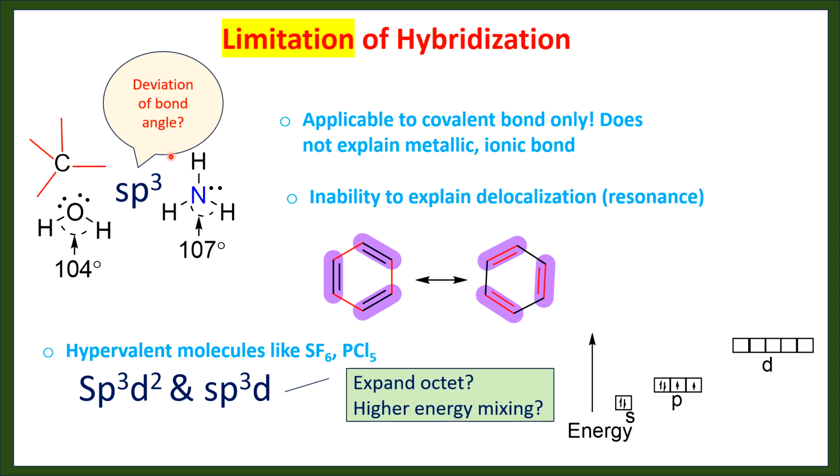But why this deviation of bond angle? Even though all are sp3, they do not have the same bond angle, but it should be the same according to the hybridization concept. That fails.